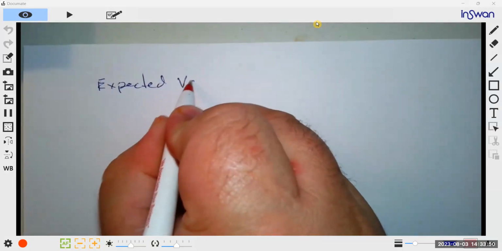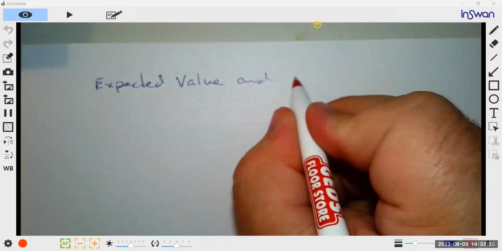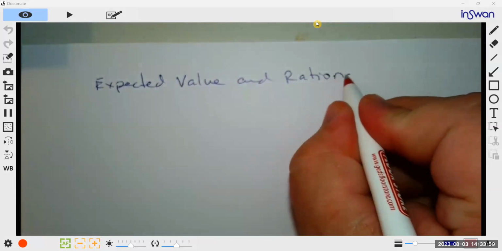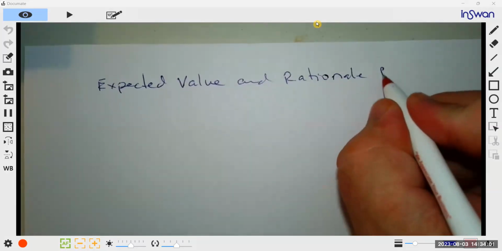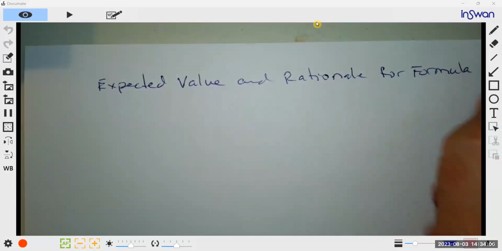Let's look at expected value and the rationale for the formulas.